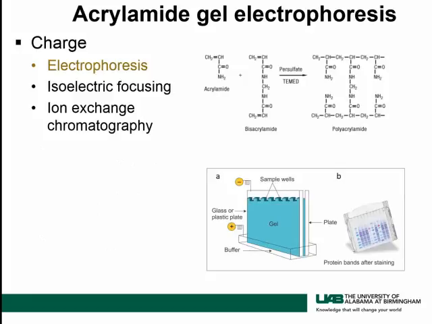Now, one of the most often used methods of separating proteins based on their charges is polyacrylamide gel electrophoresis. This is an acrylamide molecule right here, and it is usually made up in a solution, and it is mixed with bis-acrylamide, which is a cross-linker, to form this polymer right here.